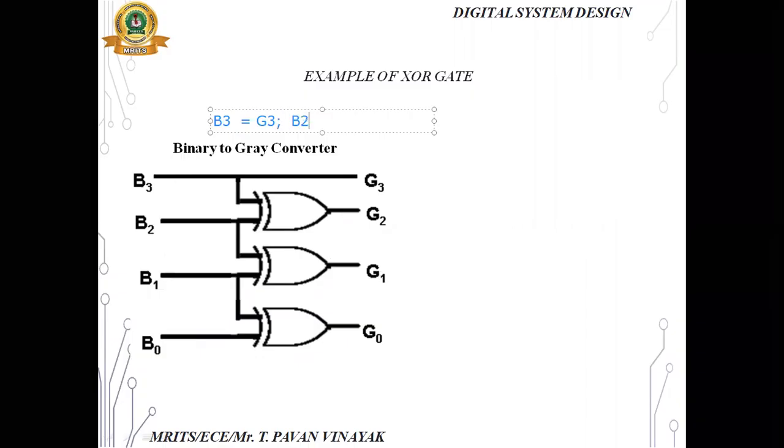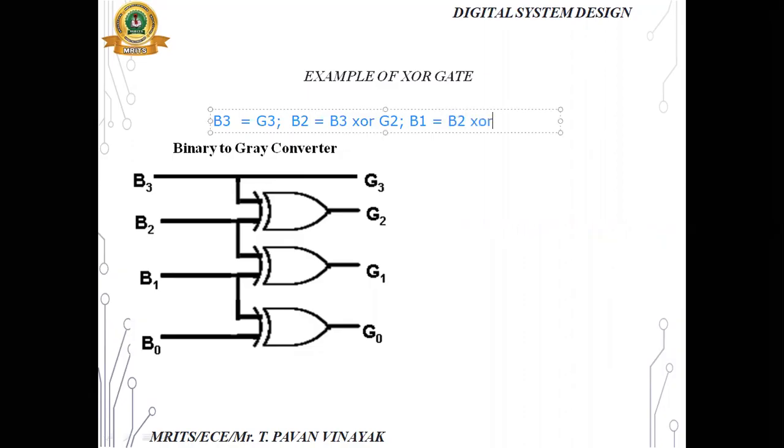Next B2 is B3 XOR G2, right? Next B1. B1 is what?